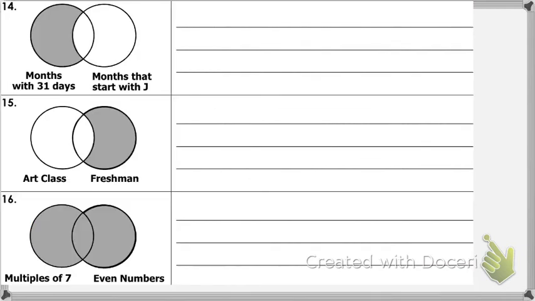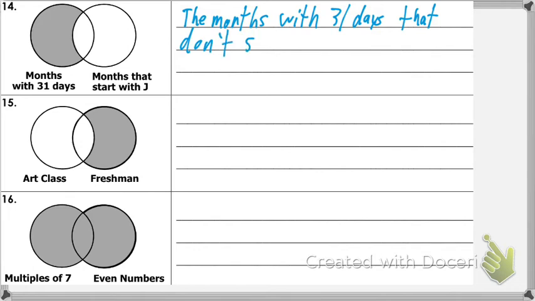Continuing on. 14, months with 31 days, but you can tell the shaded part does not include anything with months that start with J. So we could say the months with 31 days that don't start with J. So we want all the months with 31 days, but we don't want any that start with J because that's not what's highlighted here.